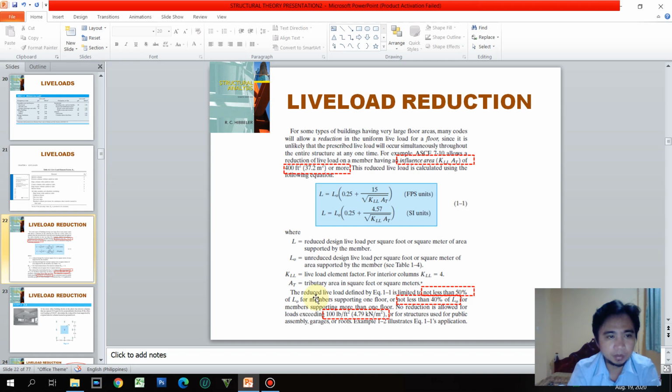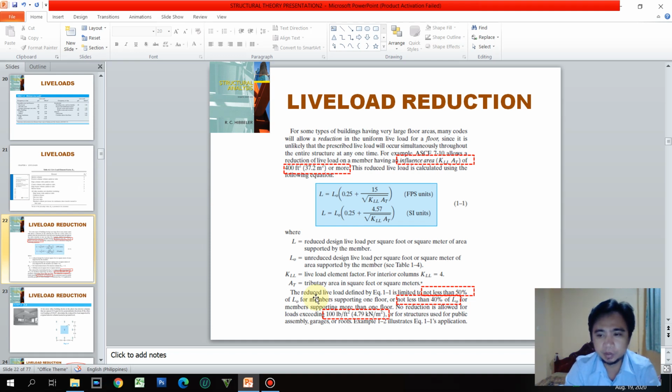We have live load reduction. For some types of buildings having very large floor areas, many codes will allow a reduction in the uniform live load for a floor, for the reason that it is unlikely that the prescribed live load will occur simultaneously throughout the entire structure at any one time.